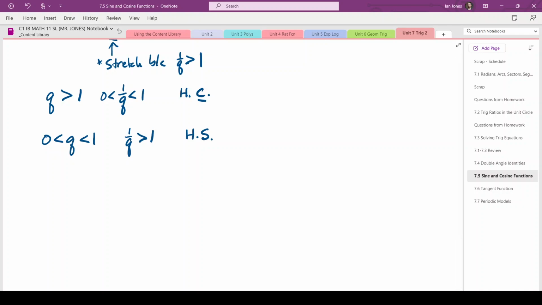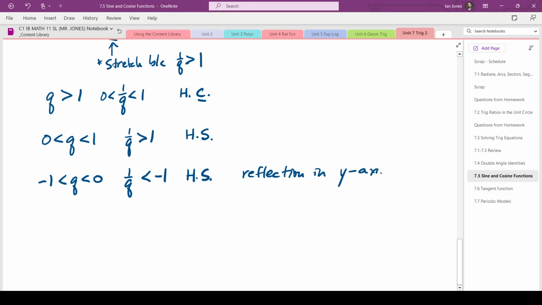When the value of q is, let's say, between -1 and 0, then that reciprocal is less than -1. This will give us two things. It will give us a horizontal stretch and a reflection in the y-axis.